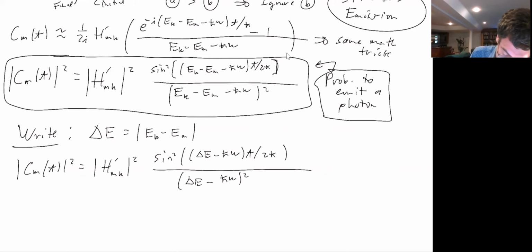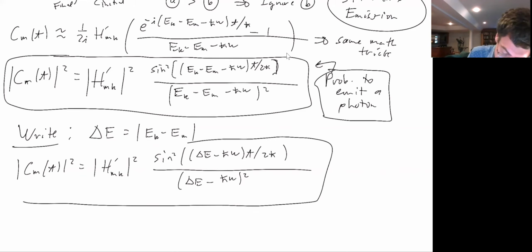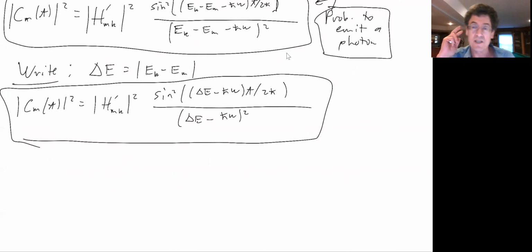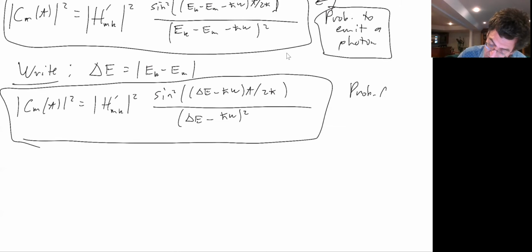Okay, so this is the final result. And that is the probability to have a transition when you shine light on something. So this is a big result: the probability for stimulated emission or absorption. It's the same probability.